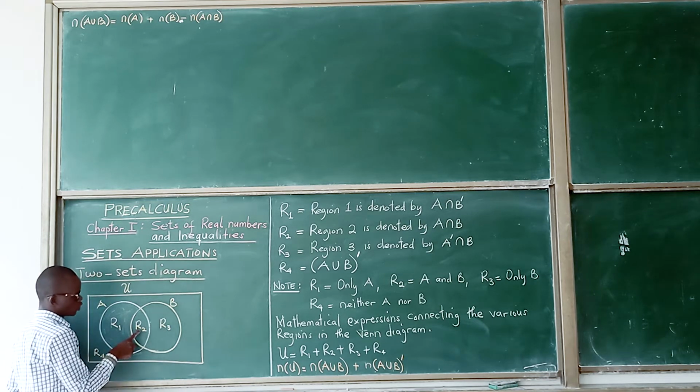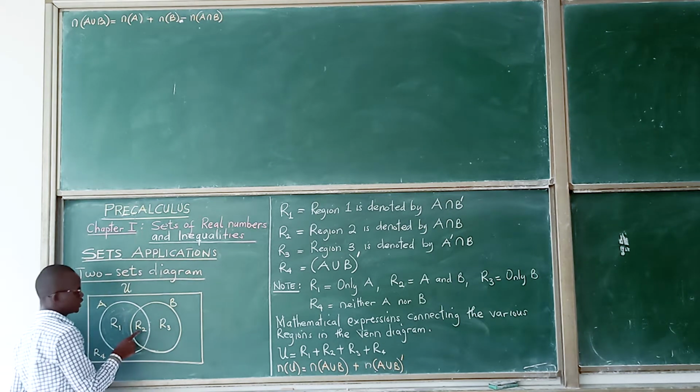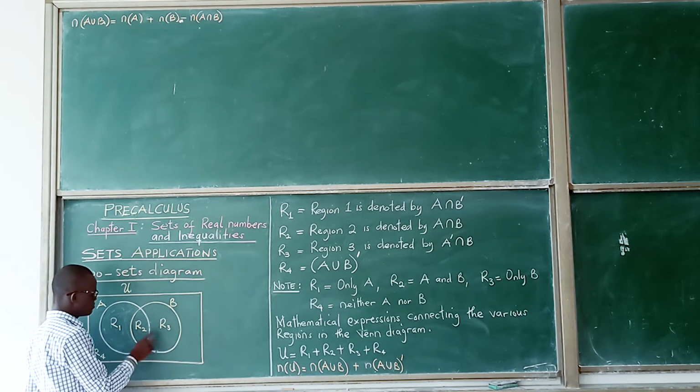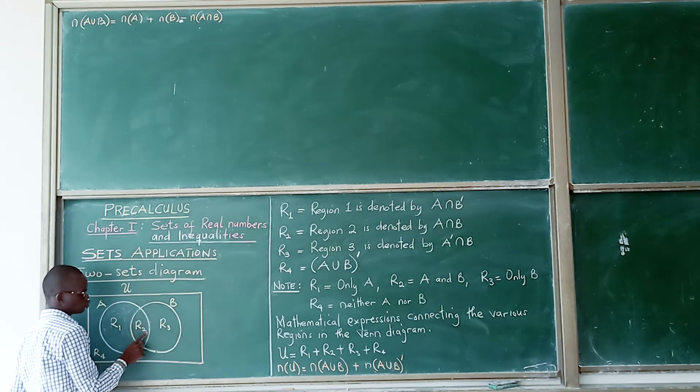Region 2 comprises the intersection of A and B. Where A and B meet is region 2.